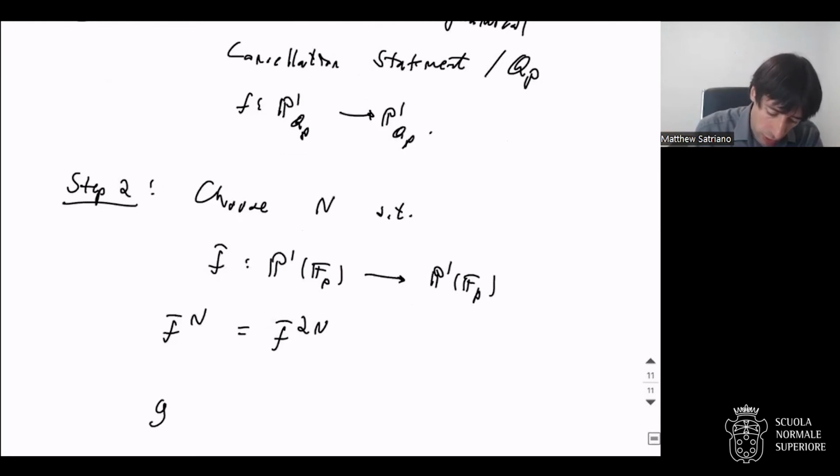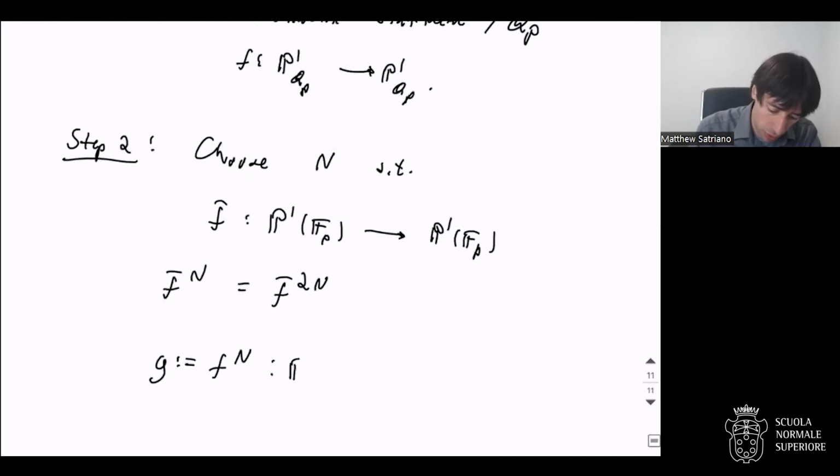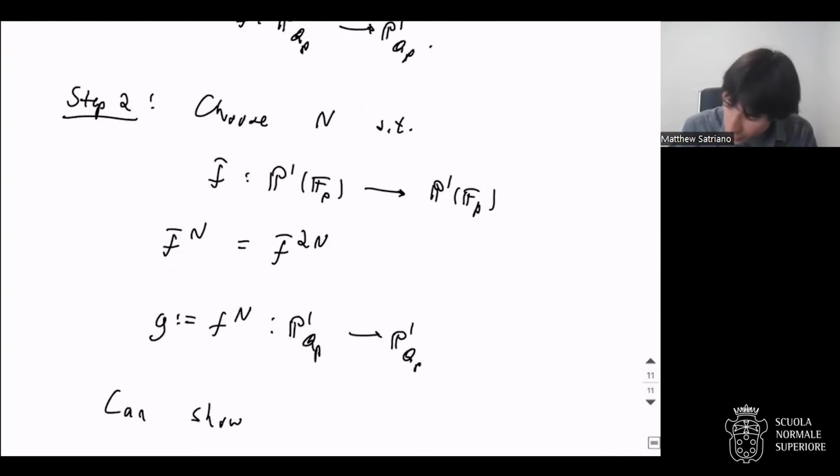And the point of this is that if you let G be F to the n, so now that's a map on Q_p, this preserves, and this is chosen, and you can show that this is actually just an easy claim.